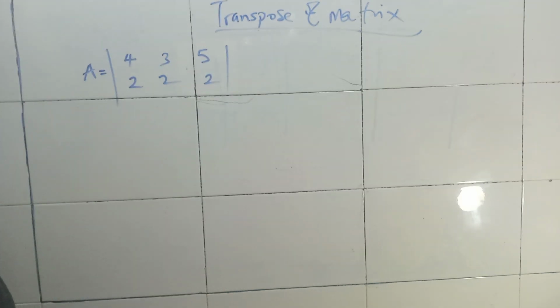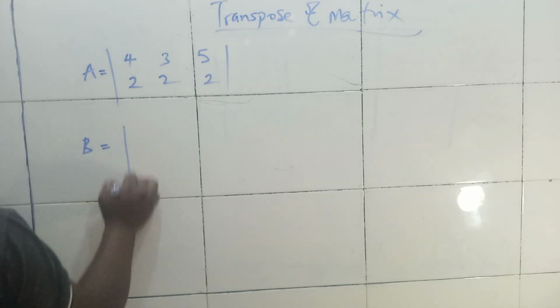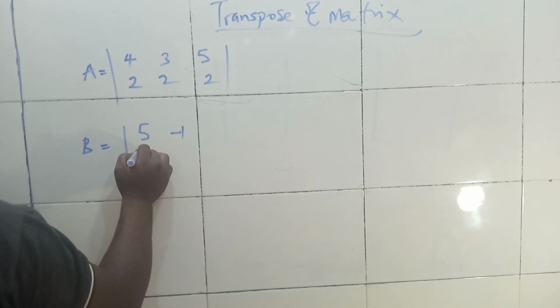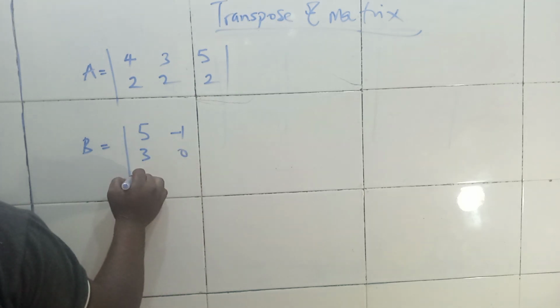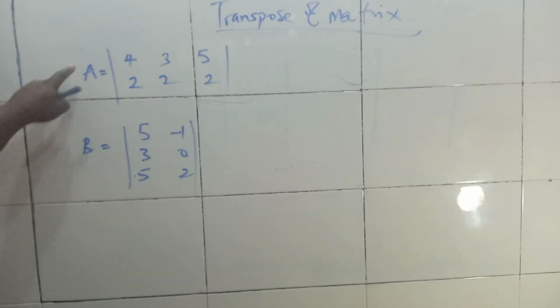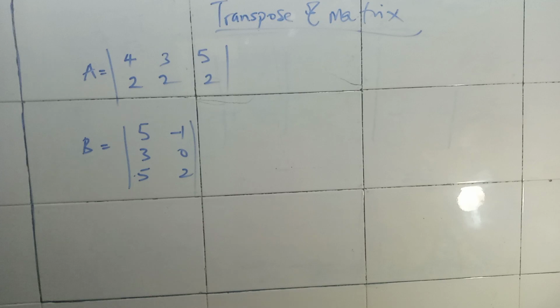Then we have B equal to, let's say, 5, minus 1, 3, 0, 5, 2. So this is matrix A and matrix B. Let it stand side by side so that you can have an idea.